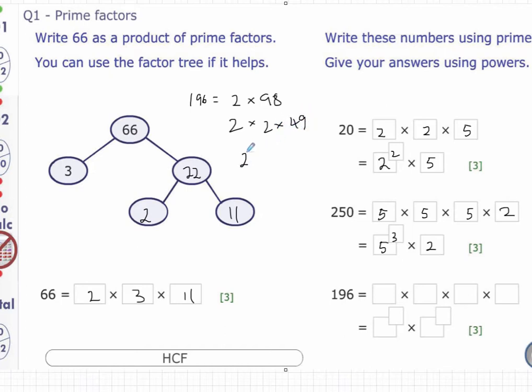So that's 2 times 2 times 7 times 7, which is 2 squared times 7 squared.